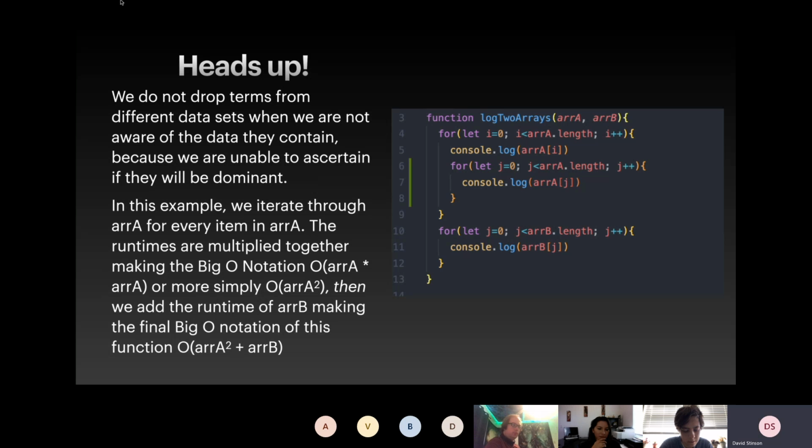You use the same type of math to calculate it. You're still adding those terms up, or you're still multiplying those terms, but if you're actually talking about these different data sets, you have to specify what data set you're talking about.